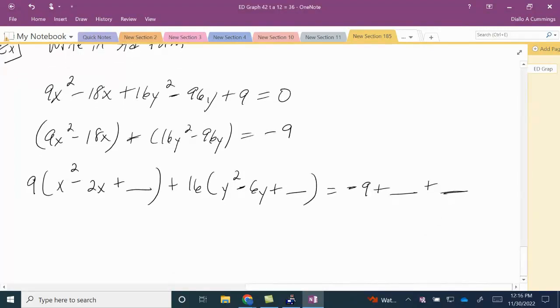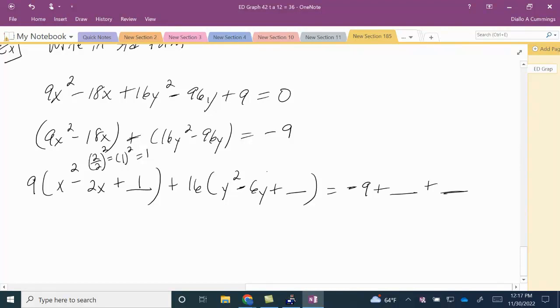All right, so let's complete the square for our x variable. In order to complete the square, we need a proper form, and a proper form means that the coefficient of our squared variable is 1. So we're going to take the coefficient of the middle term, which is 2, divide that in half, and square it. So 2 divided by 2 is 1, and 1 squared is 1.